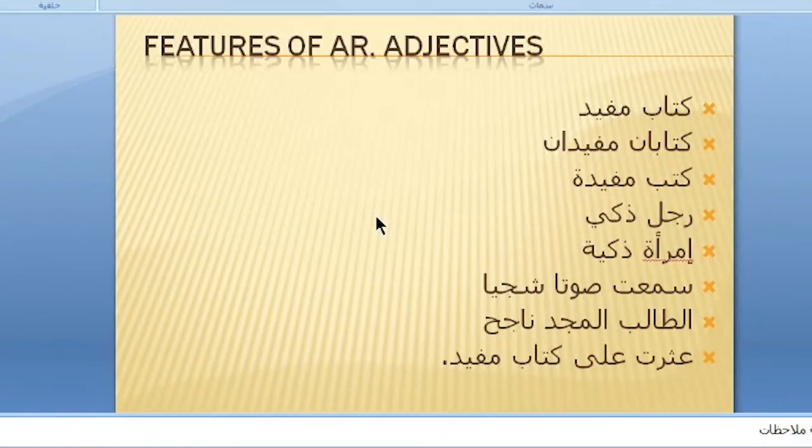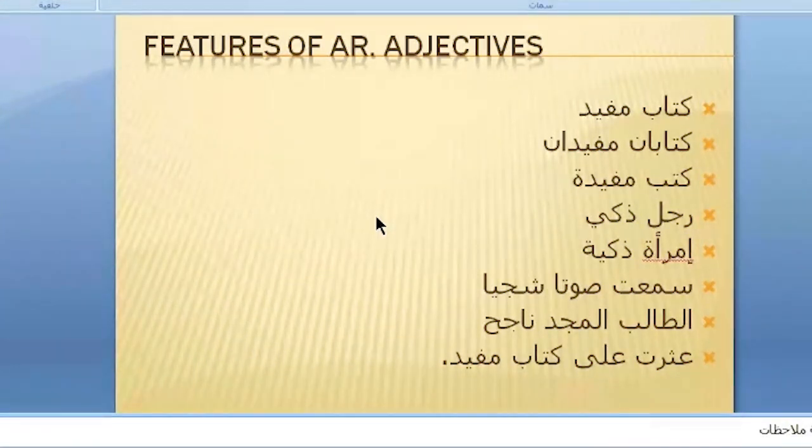Kitabun mufidun, this is a phrase which can be translated into English as a useful book, or we can say a beneficial book. Kitaban mufidan. You can see here there are morphemes, يعني أكو morphemat, that terminate these two nouns, كتاب ومفيد.